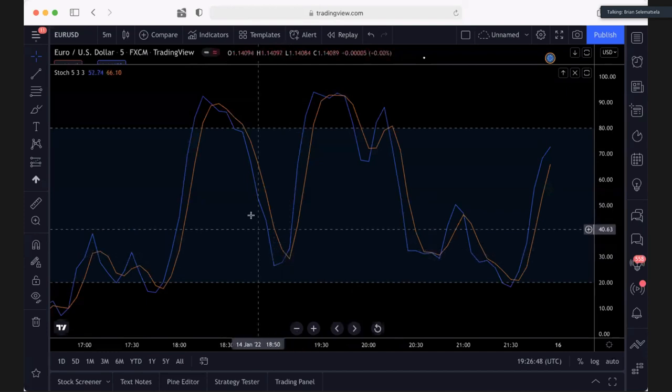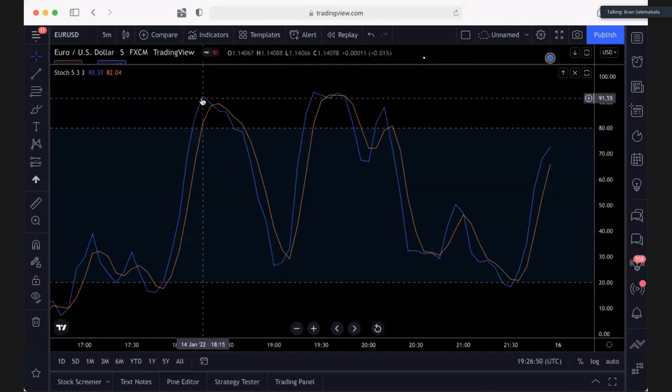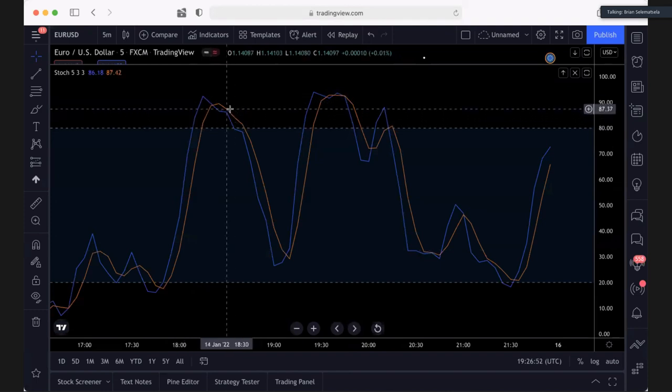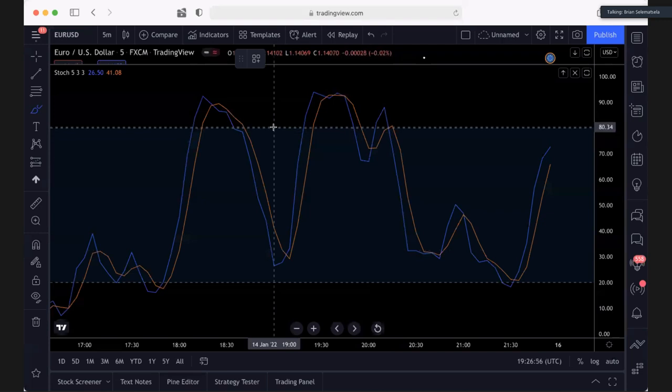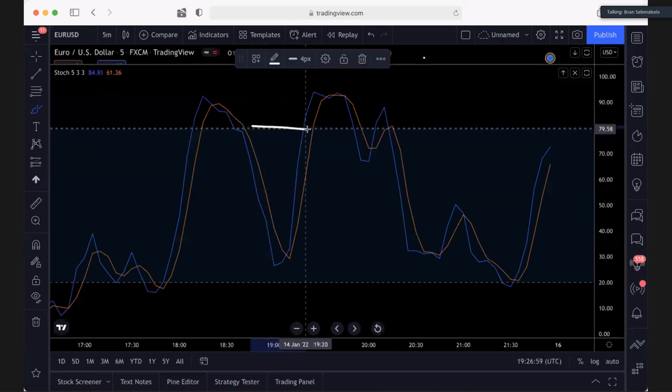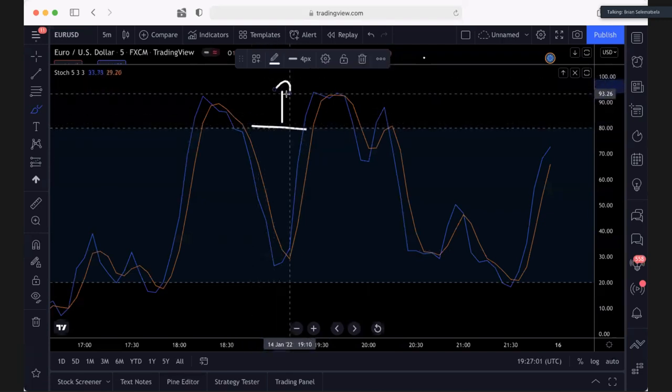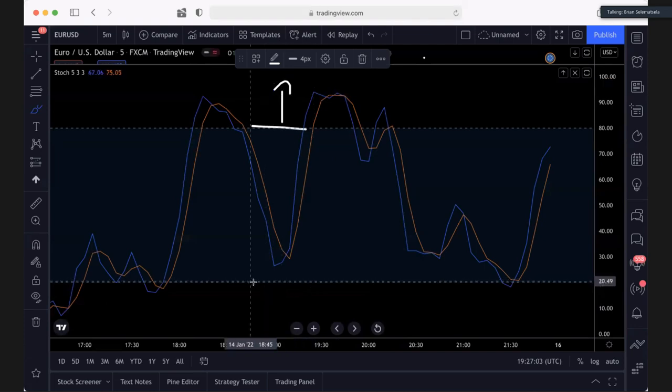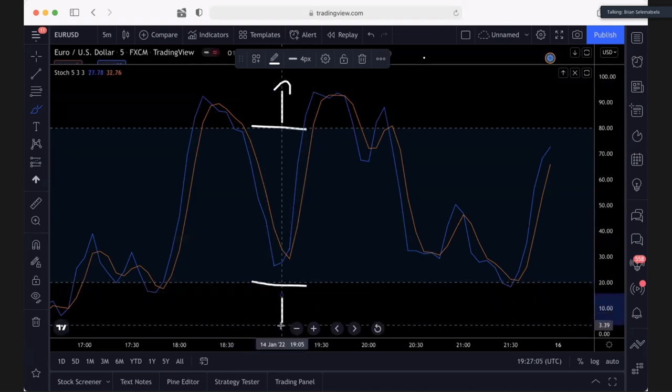We're looking for this crossover actually here, because it is normally at the overbought. So overbought is from here going up. Oversold is from here going down.